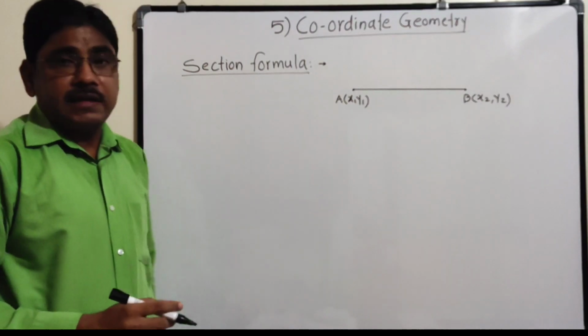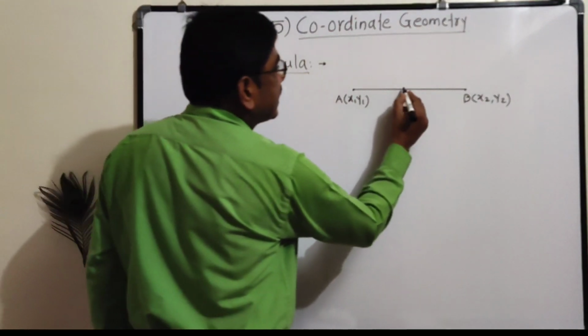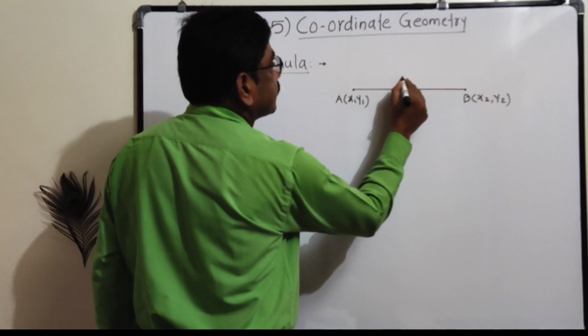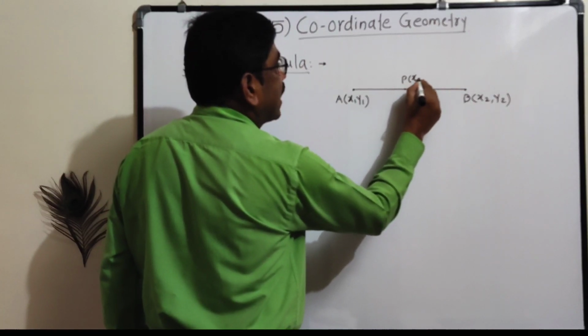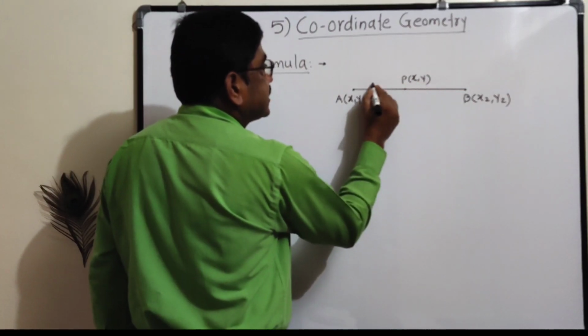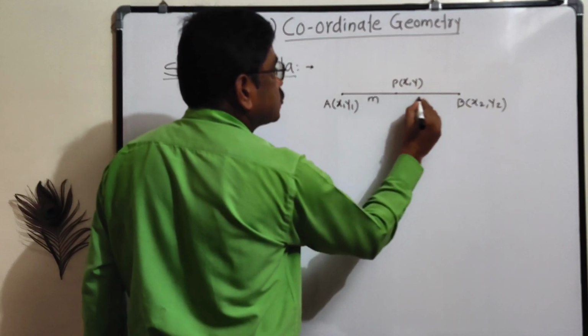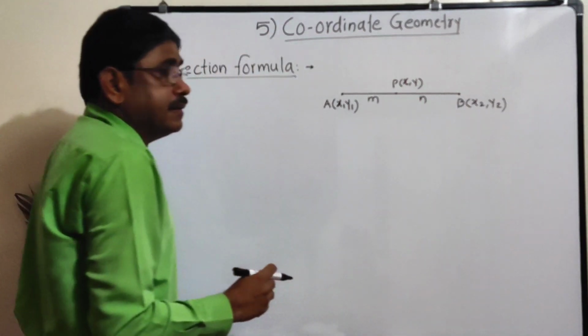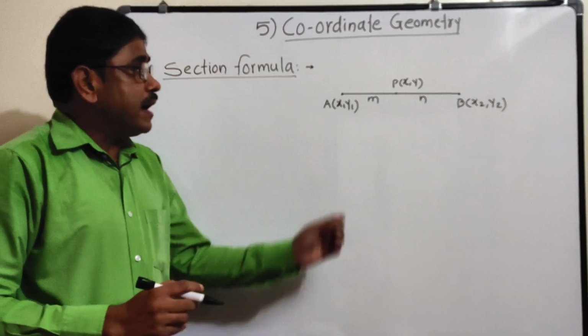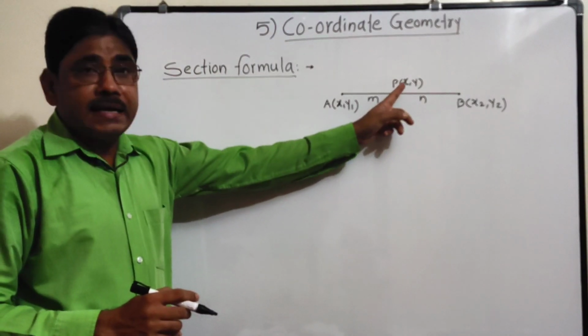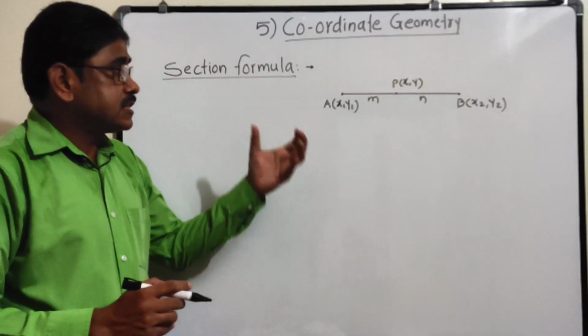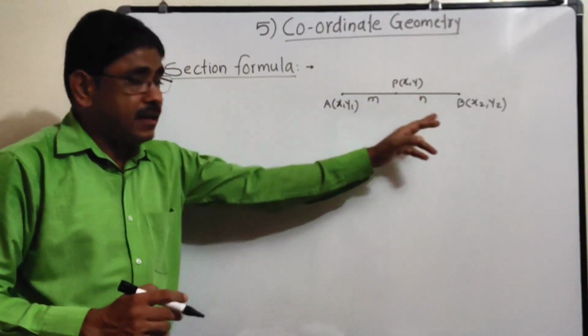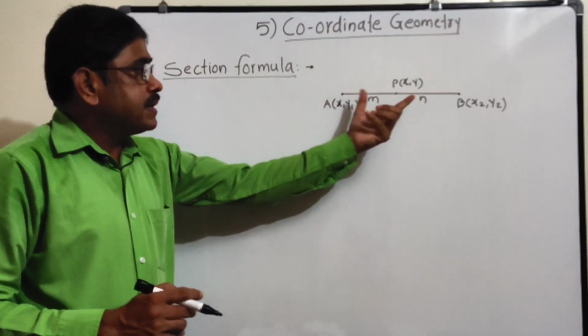If P(x, y) is one of the points which divides this segment in the ratio m:n, then we have to find the coordinates of point P which divides this segment AB in the ratio m:n.